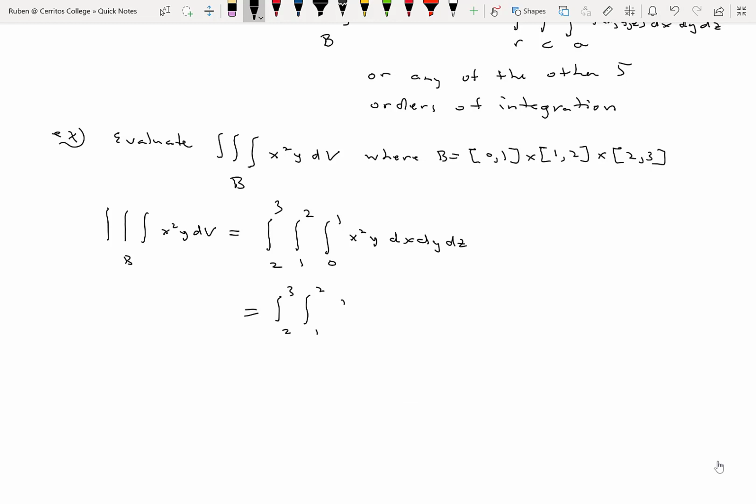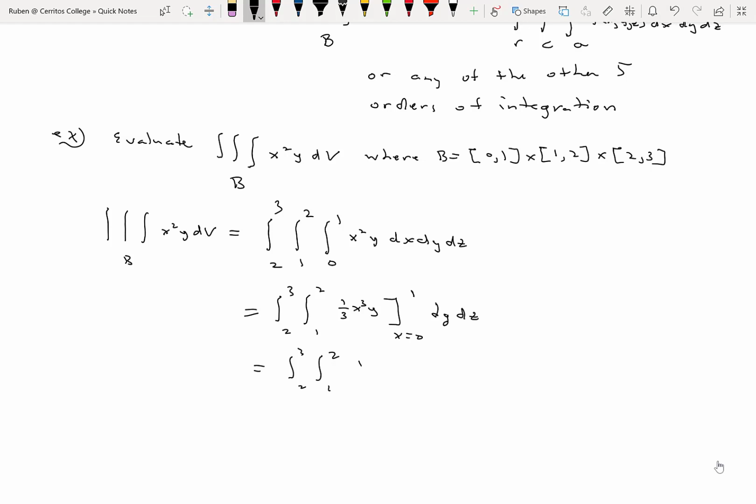The integral of x squared is x cubed over 3, or 1/3 x cubed. And this is as x varies between 0 and 1, and then we integrate that result with respect to y, and then with respect to z. So we're going to integrate then from 2 to 3 with respect to z after we integrate from 1 to 2 with respect to y.